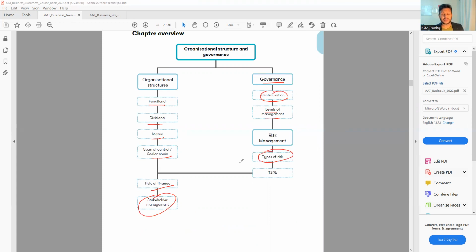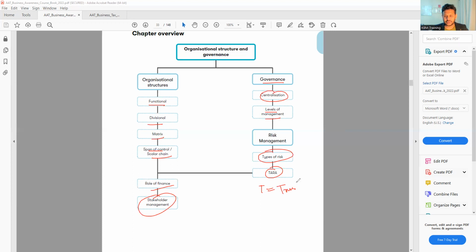Now, on the types of risk, this one is very common in the exam. Most of the time, you have to answer this question: how to handle the risk. Now, this word TARA represents how you're going to handle the risk. T represents transfer of the risk.